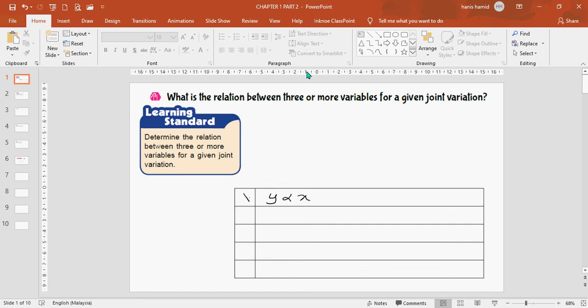And then the second step, you can write this in the form of equation by adding the constant k: y equals kx. After that, the third step, to solve a question involving variation, you must be able to find the value of k.